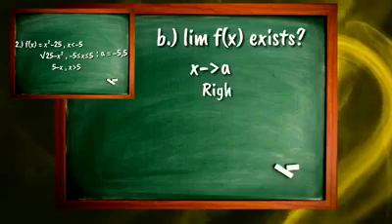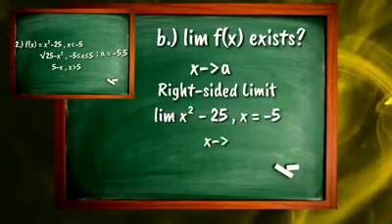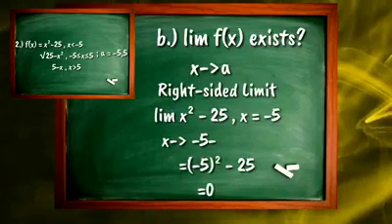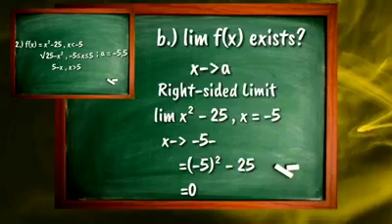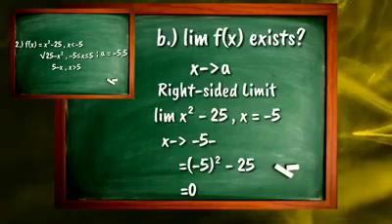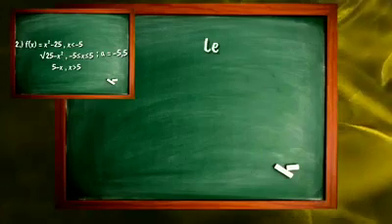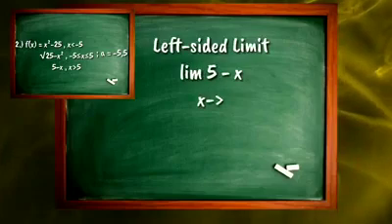Letter B. Does the limit of f of x as x approaches a exist? Again, let's find first the left-sided limit of this function. Limit of x squared minus 25 as x approaches negative 5 from the left. Again, just substitute the value. Negative 5 squared is 25, minus 25 is equal to 0.